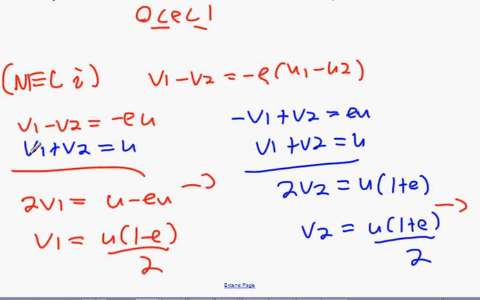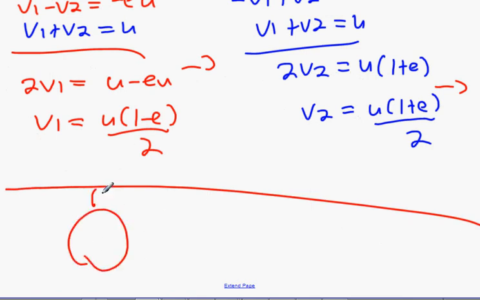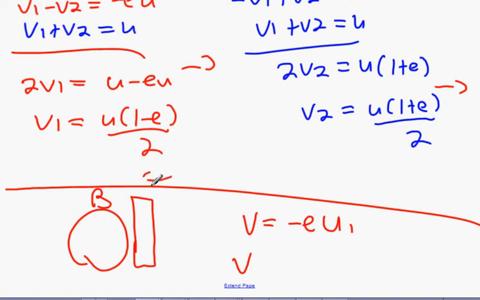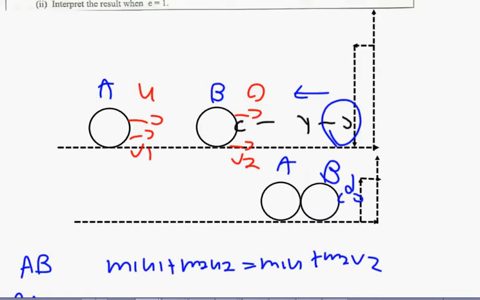Now that that's done, we're on to the second collision, where B is hitting the cushion. When you hit a cushion, your velocity equals minus E times your initial velocity. So your rebound velocity, which is going to be going to the left, is going to be minus E. It says that the cushion and the ball have the same E, so E is the same no matter what the two objects are.